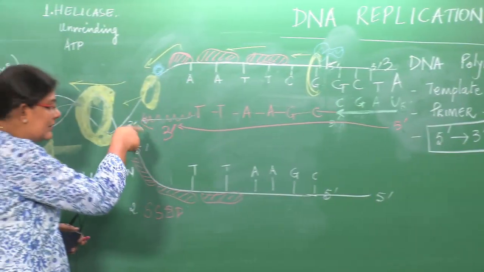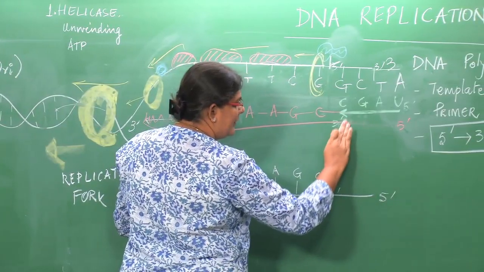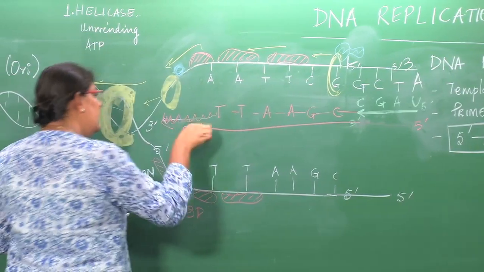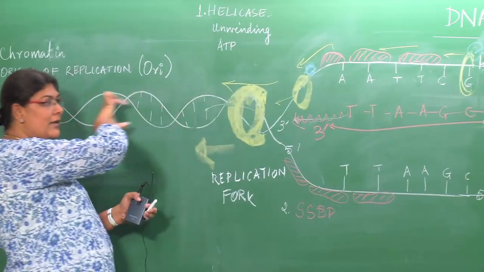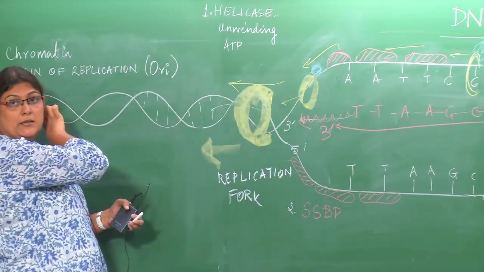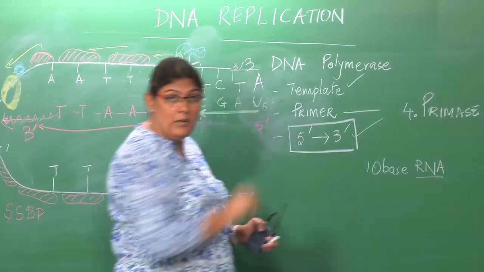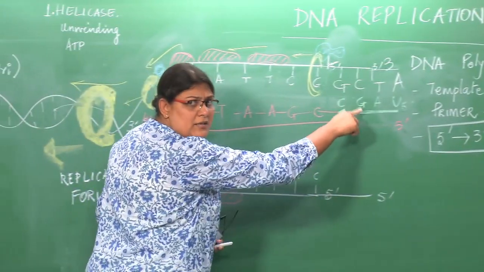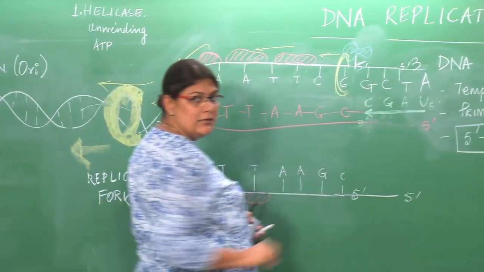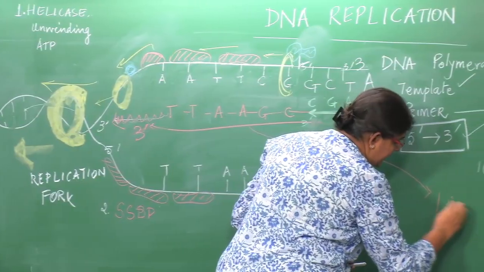Now, this newly synthesized strand, which is pink in color, till here it is RNA, and then it continues as a pink strand, it keeps on continuously moving. So, as the helicase keeps on unwinding, this particular strand is continuously getting synthesized, because DNA polymerase works in the 5 prime to 3 prime direction, and 1 primer is enough to keep the extension going. This strand, which is continuously synthesized, is called the leading strand.